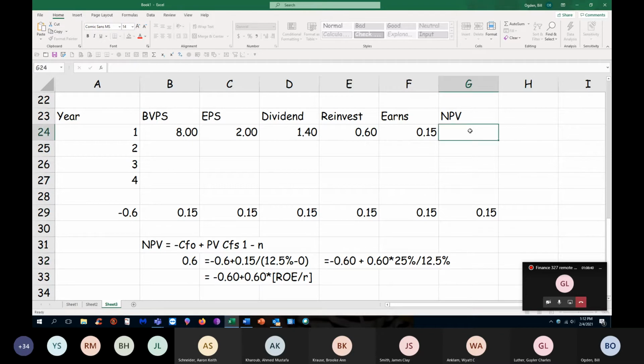So up here, let's do that up here. Equals the 15 cents. Well, let's do everything.